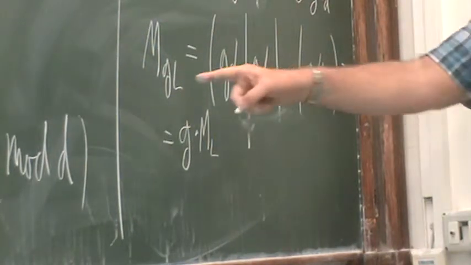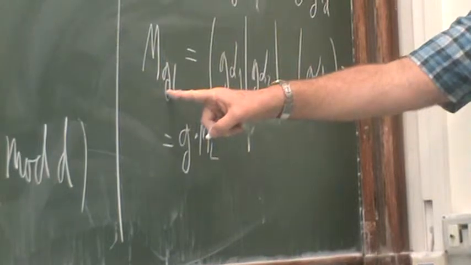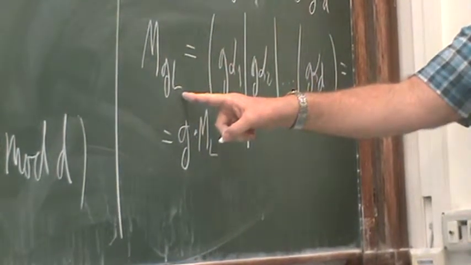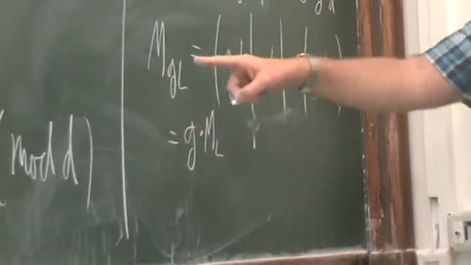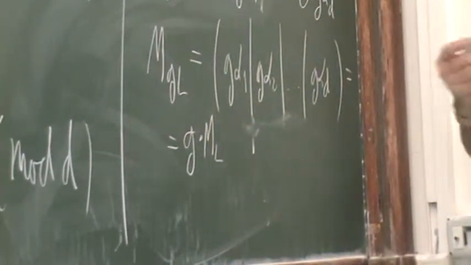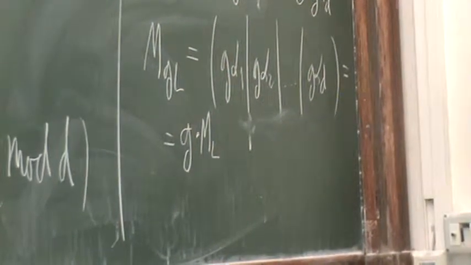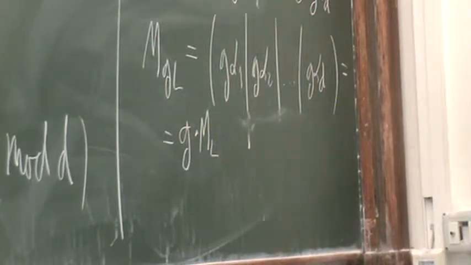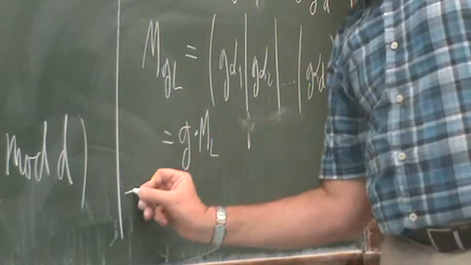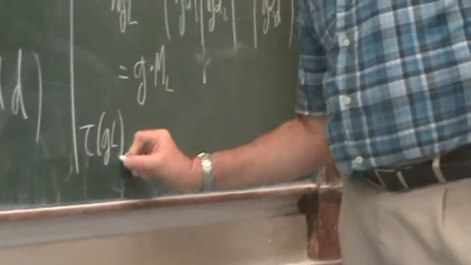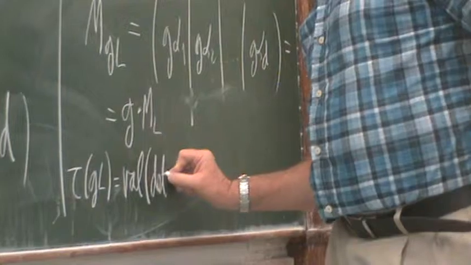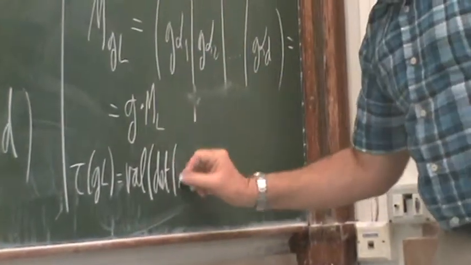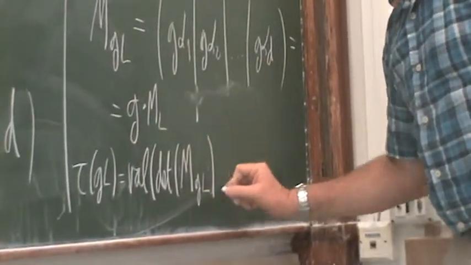G is a matrix itself, it's a d by d invertible matrix. I multiply by a matrix M. This is not necessarily an invertible matrix, or well, it is invertible in F, but not in O. Okay, so now I have to compute what is tau of GL. So I have to compute the valuation of the determinant of the matrix M of GL.